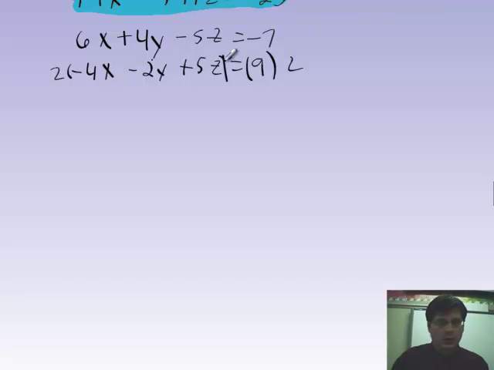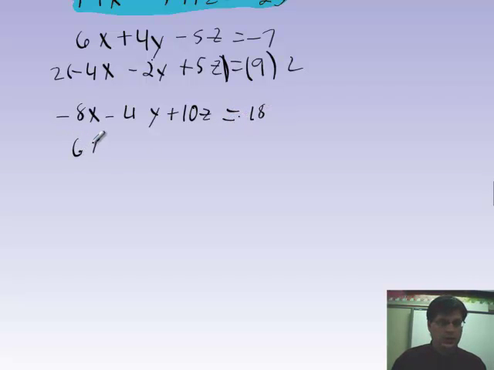Okay, so I'm going to end up with negative 8x minus 4y, my mistake, minus 4y, plus 10z equals 18.